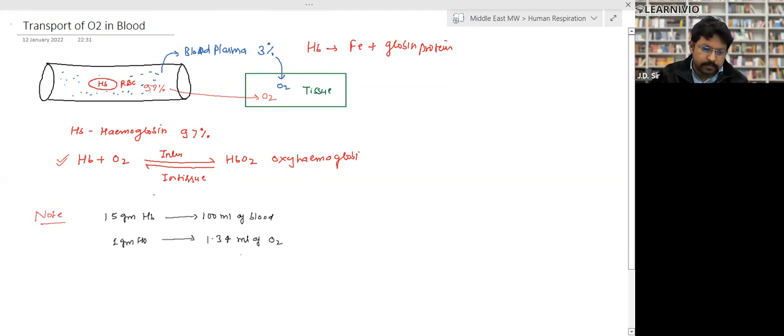Thus, under normal conditions, 100 ml of blood carries 19.4 ml O2. Clear?